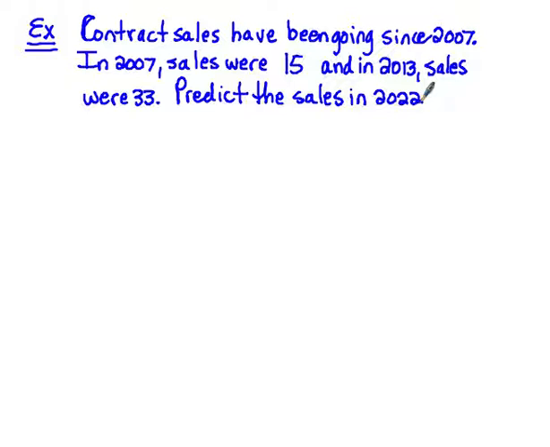Okay, so what we're going to do, so we don't have to deal with such big numbers with the 2007 and 2013, I'm going to let X be the number of years since 2007. And I'm going to let Y equal the sales.